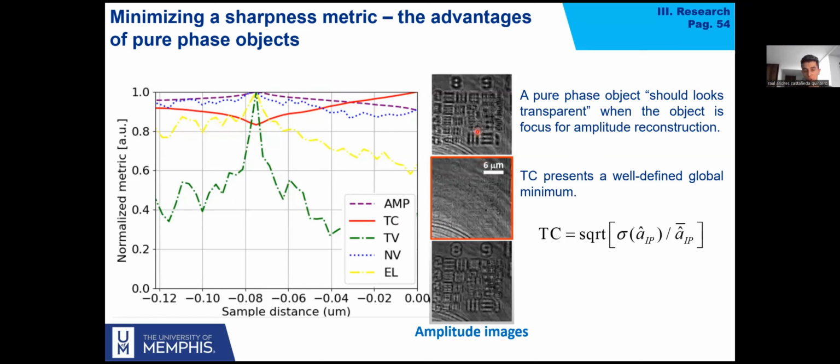So we use a target, and we retrieve the amplitude reconstruction for different propagation distances. We notice that the Tamura coefficient presents a well-defined global minimum.